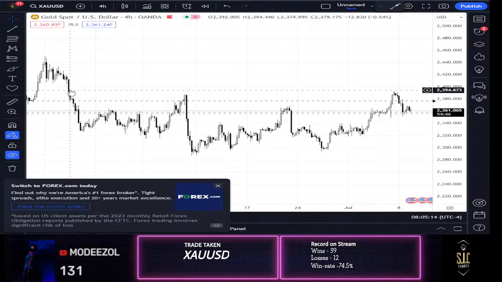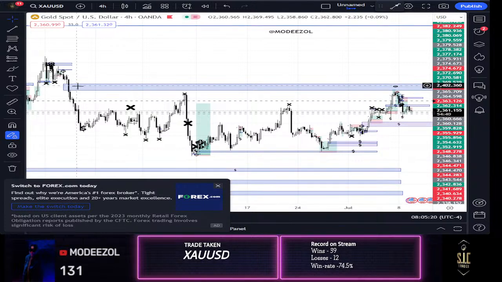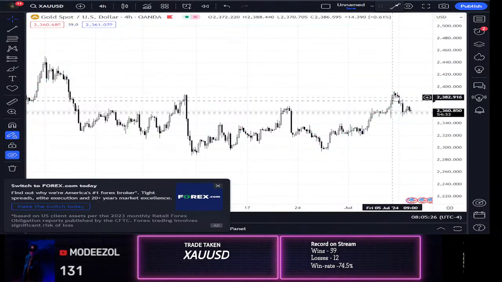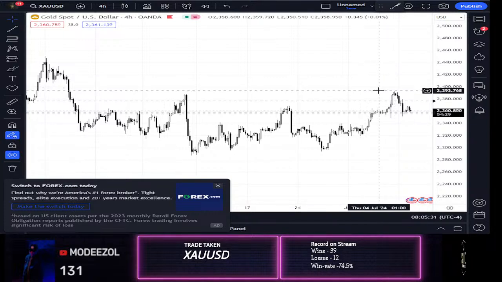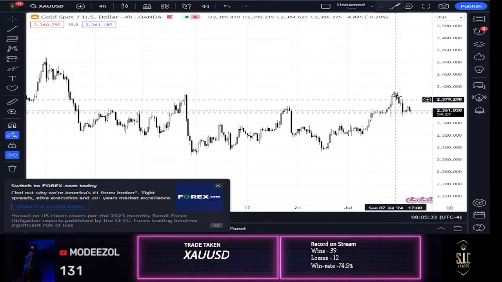We still have this gap sitting here, and we have it marked. So what I wanted was to get up in this gap area to be able to sell her. I'm looking to sell.